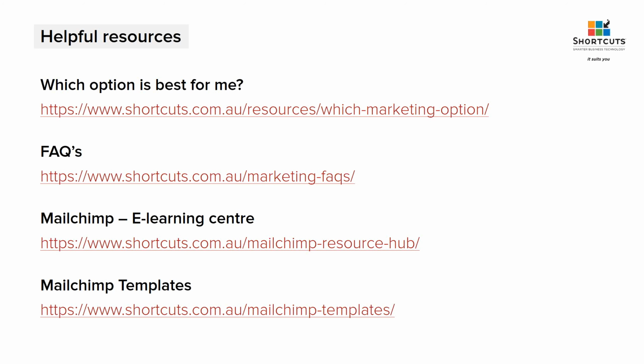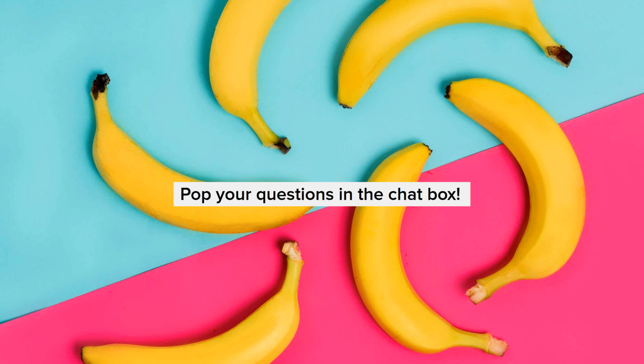We have the FAQs area, so there are lots and lots of frequently asked questions on there that we've answered, and we've also got the e-learning center for MailChimp, so we've done some e-learning videos on there, as well as grabbed a whole heap of content from MailChimp's own website for you to access easily. And then you've also got the MailChimp templates that we've created that you can download at any time. And over time, guys, we'll add more and more templates to that area so you can grab them.